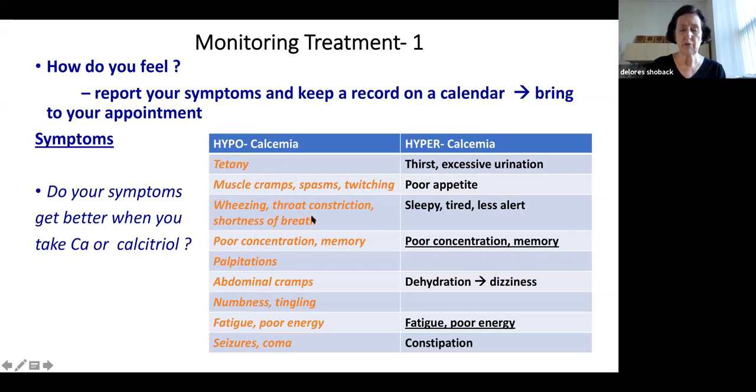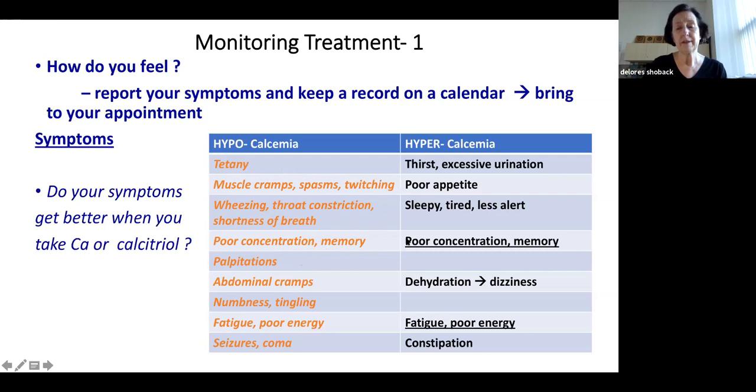Also the wheezing and throat tightness, memory changes, sometimes palpitations, sometimes belly cramps, numbness and tingling around the mouth and the hands, just feeling poorly, low energy. And then we don't want anybody to have a seizure or go into a coma, but that would be way, way, way far gone. So these are the symptoms to think about when you're considering how your therapy is working. Have you got any of these symptoms that are part of hypo?